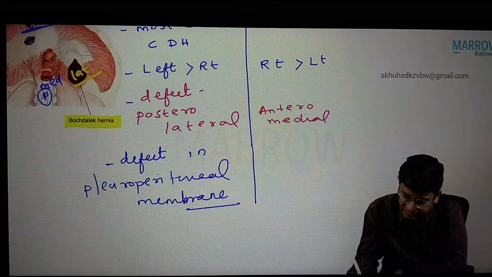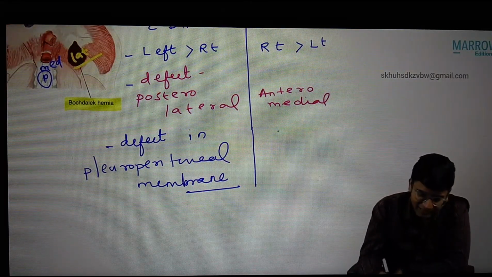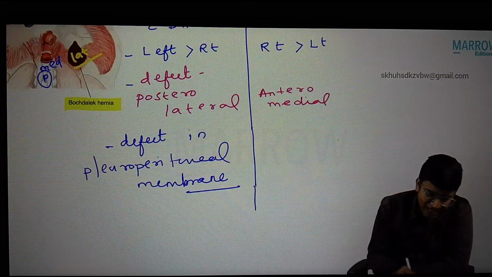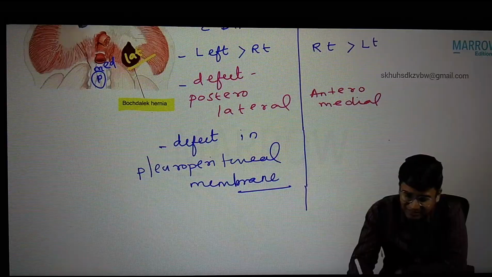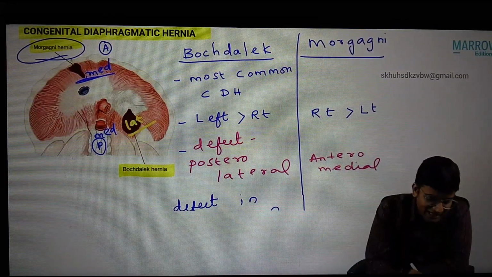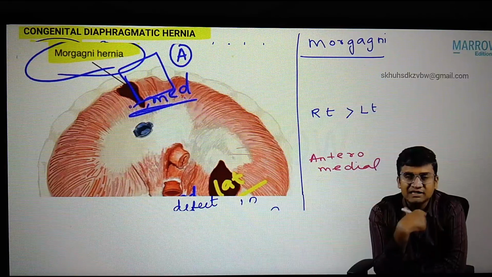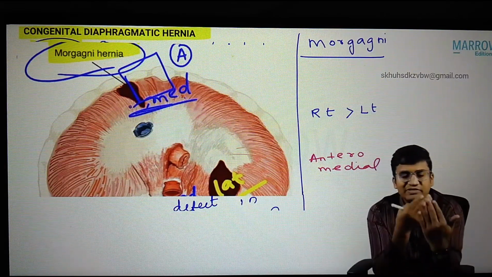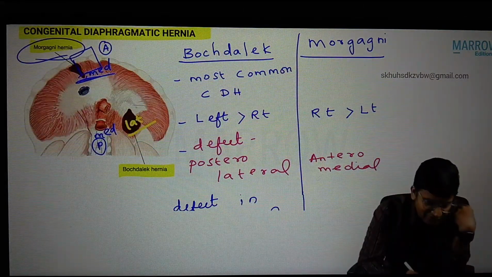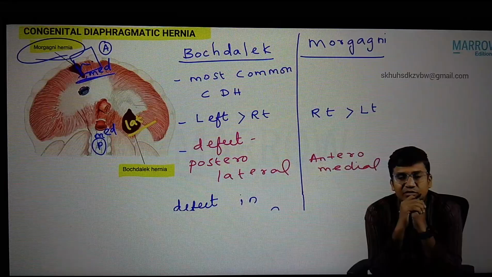Whereas the Morgagni hernia is due to an enlarged space of Larrey. The space of Larrey is a gap between the sternal origin and the costal origins of the diaphragm. Between the sternum and the costal origins of the diaphragm, we have one small gap.